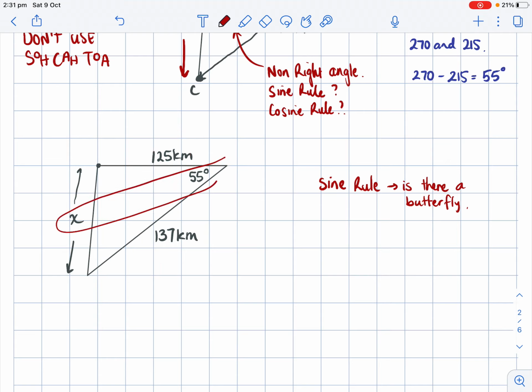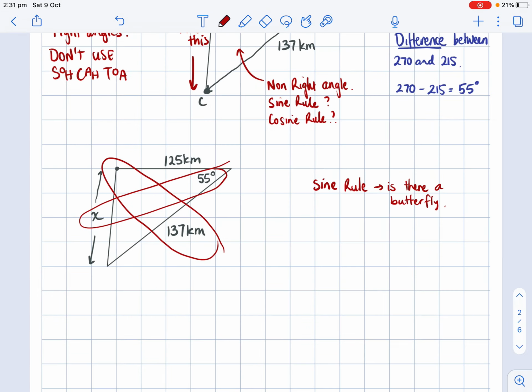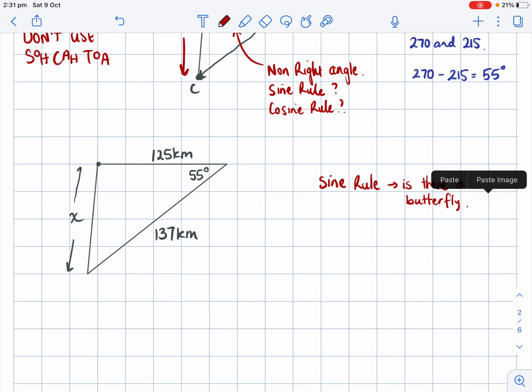I've got one pair here. I don't have any other pairs of information. So I can't create a butterfly. Doesn't work in this case. So I'm not going to use the butterfly method here. It's not sine rule. So no, didn't work.